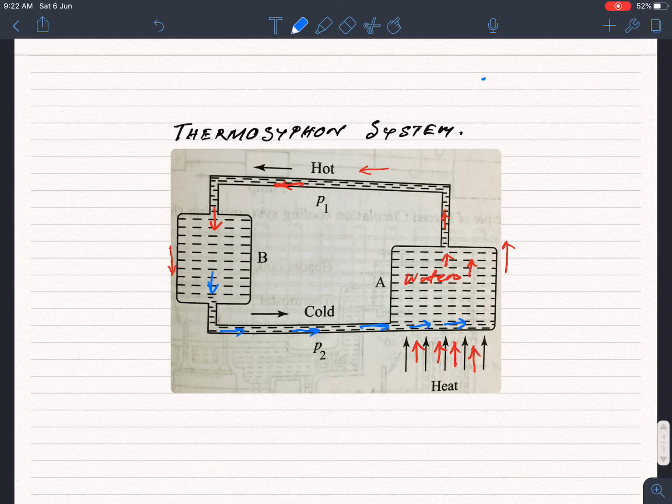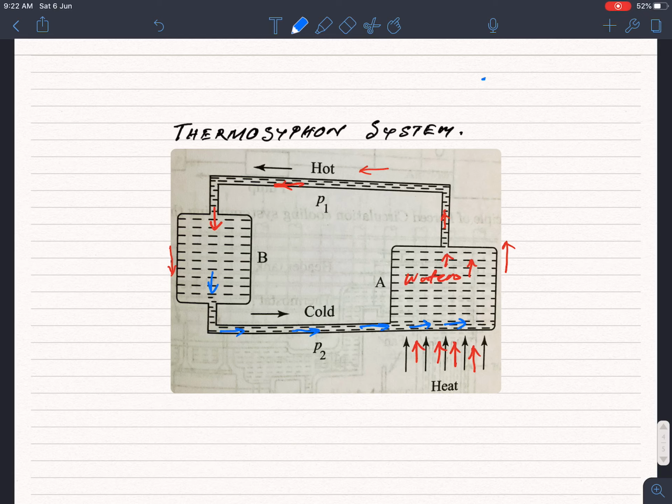In real life, this container A is an engine and container B is a radiator. So in the engine we are supplying heat, and because of heat the water evaporates and through pipe P1 it goes to container B, that is a radiator.